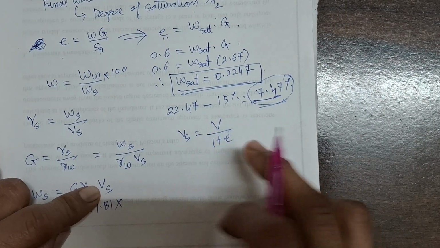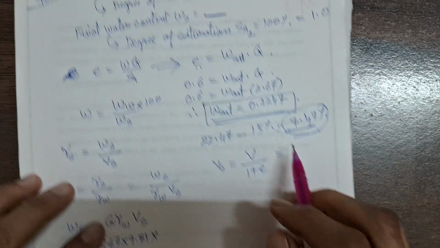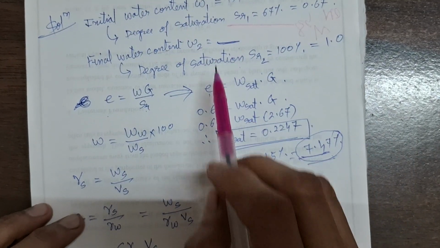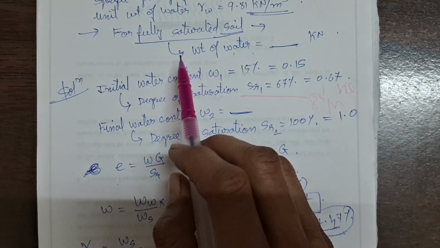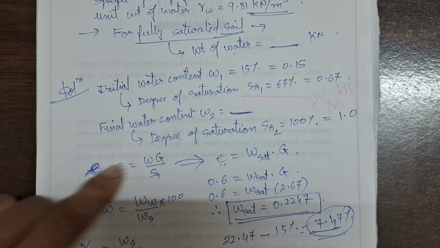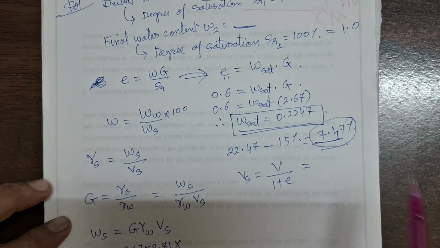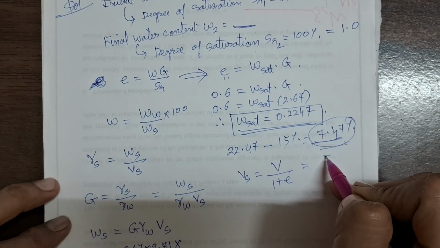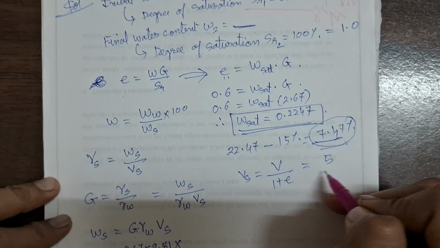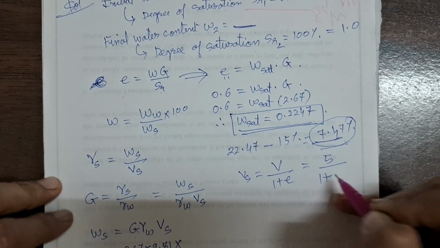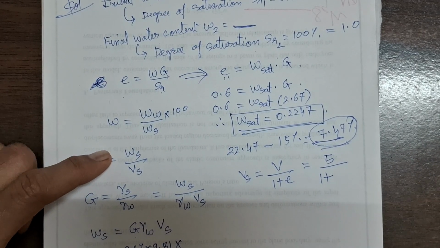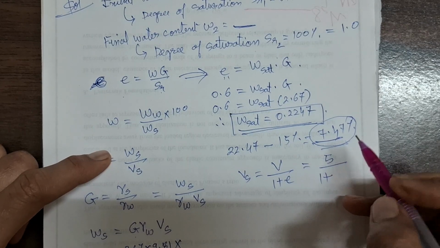V is the total volume, which they have given as 5 meter cube, divided by 1 plus E, and E is 0.6.